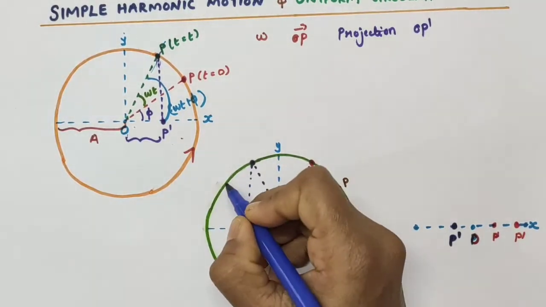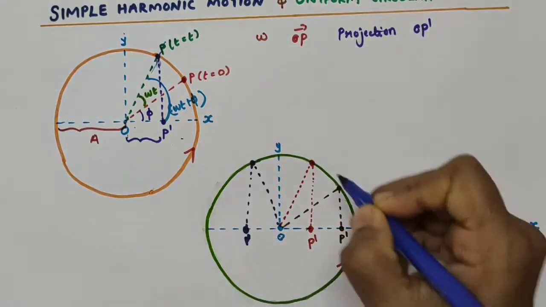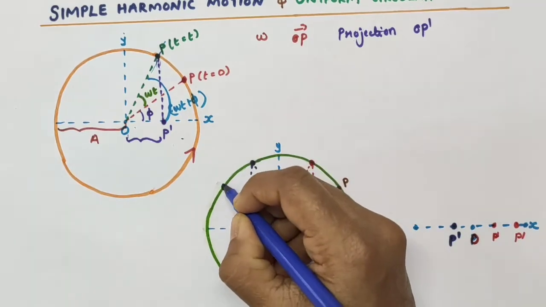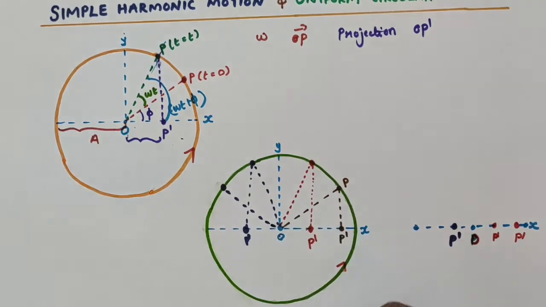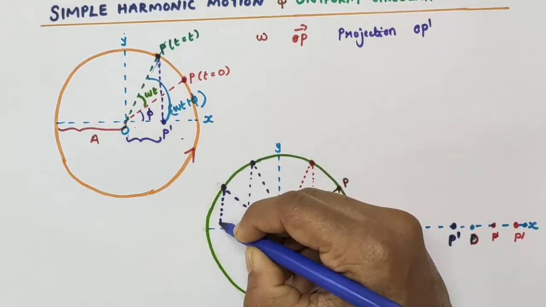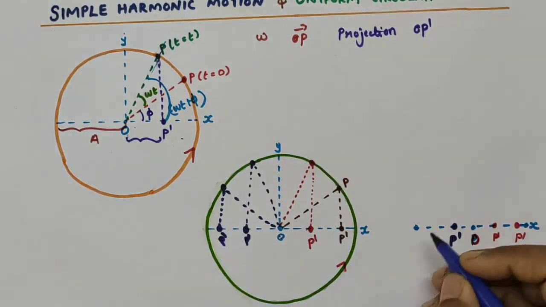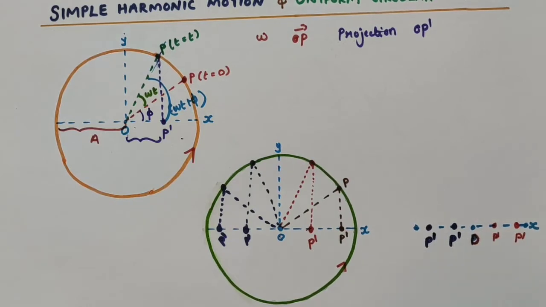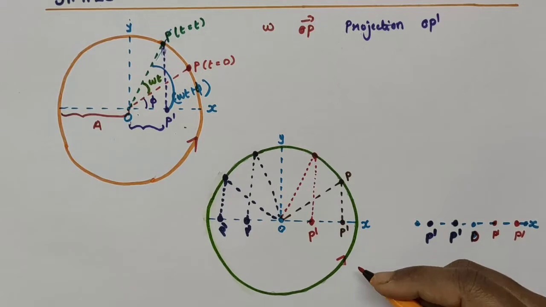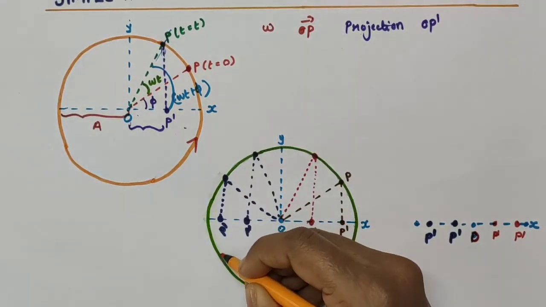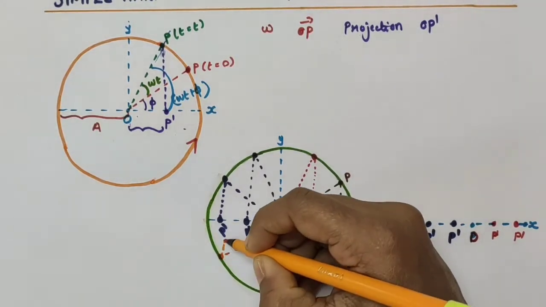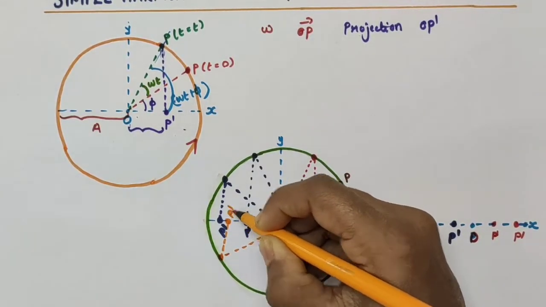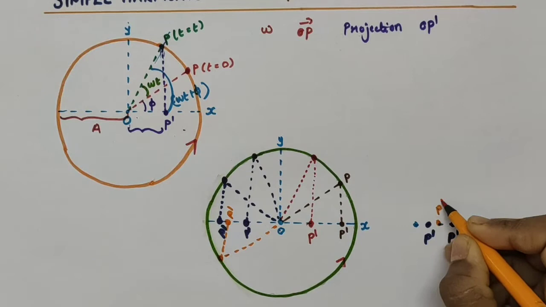Then again the particle moves in the anti-clockwise direction, and after some time it reaches somewhere here. This would be the position vector and this would be the projection P dash. Now, when the particle reaches somewhere here, this would be the position vector and P dash, the projection, would be here.